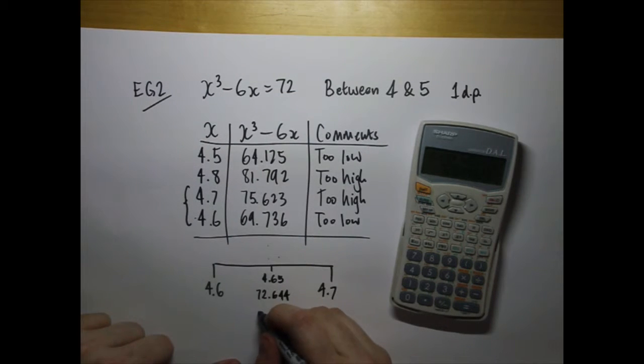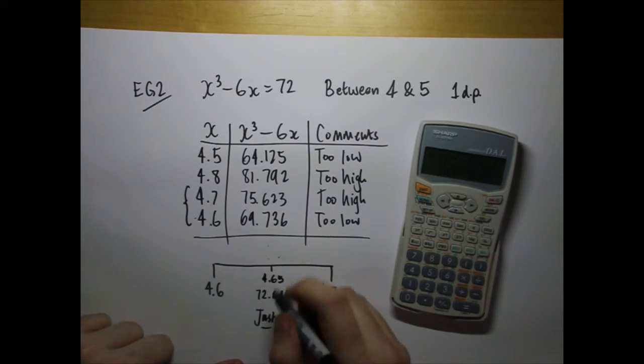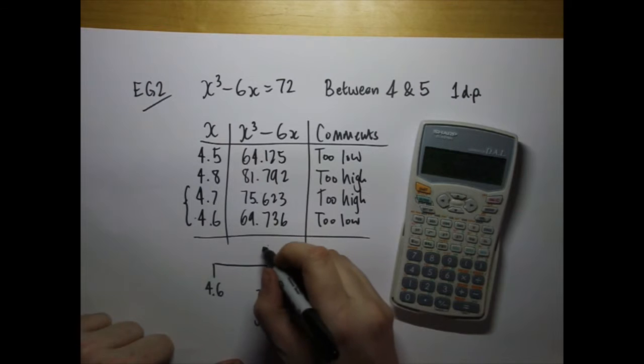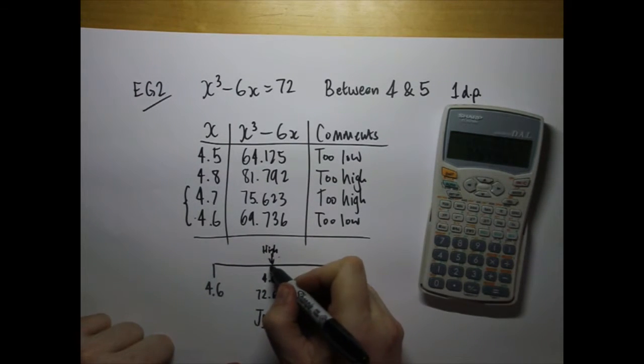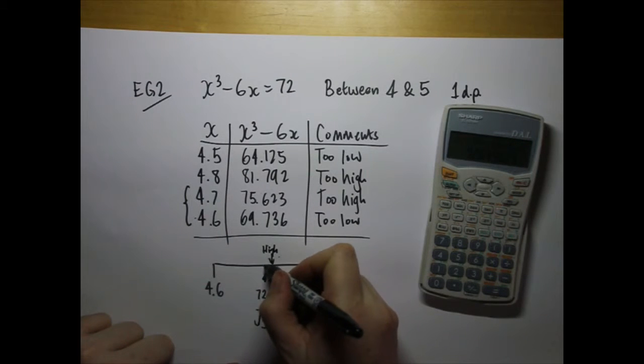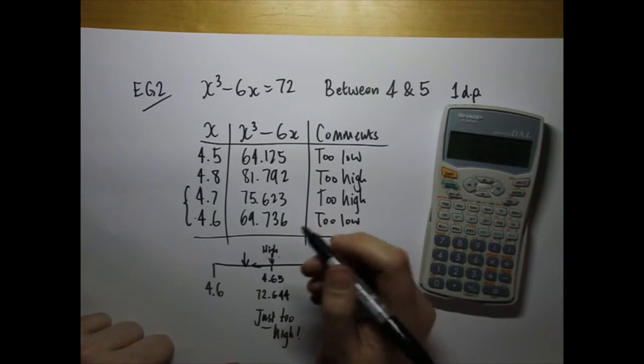But remember, it's just too high. Just a little bit too high there. And it means that if our answer is slightly too high, the x value we used, 4.65, is slightly too high. That's why it's given us this result. And so if we know this is too high, then we know that the actual value is lower than this, so we'll be travelling this direction, won't we, to some point in between.